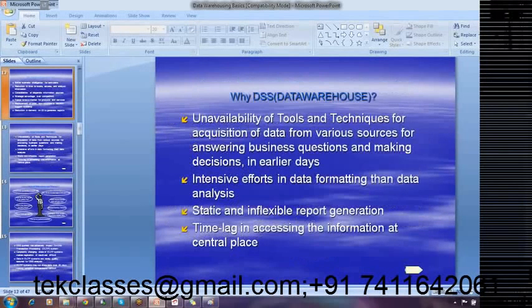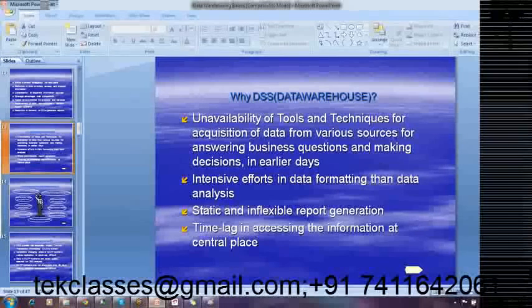So why DSS, or why are we not going with an OLTP system? We have seen there is a time lag in accessing the data. You have to put in so much effort in accessing the data from OLTP, and you need to do a complex analysis. You also have unavailability of tools and techniques to gather the data directly.